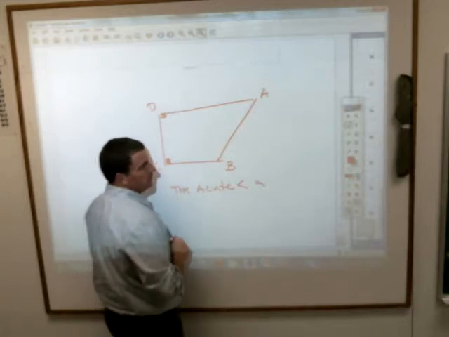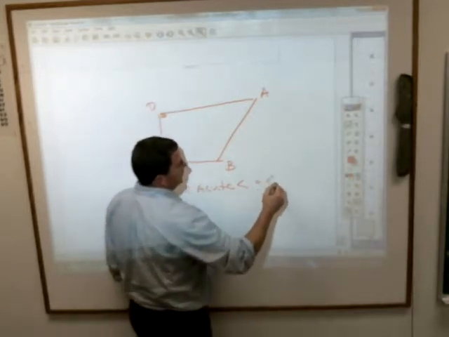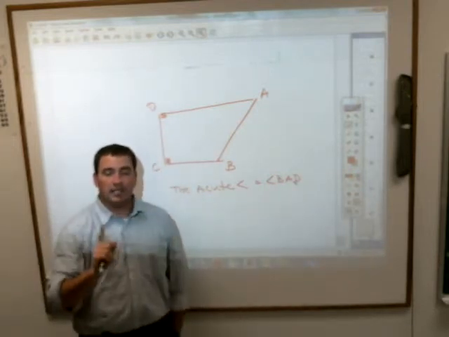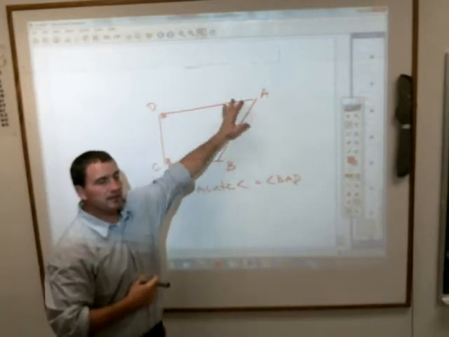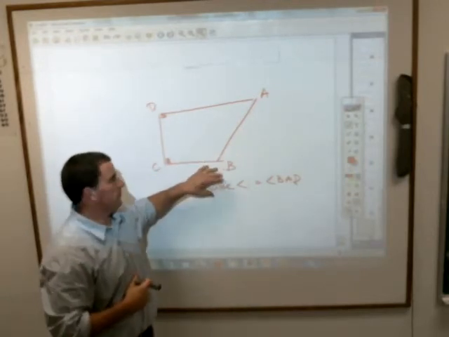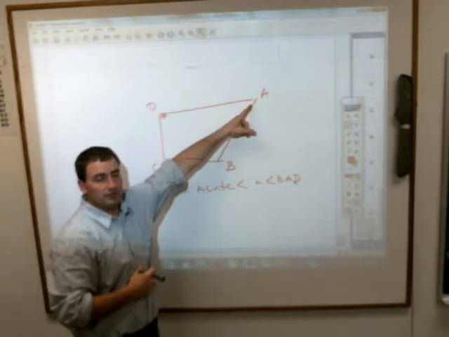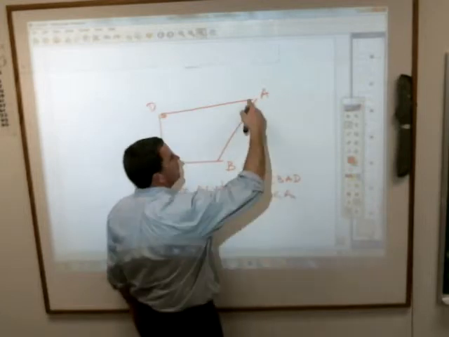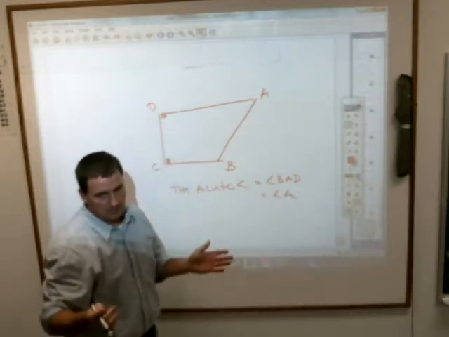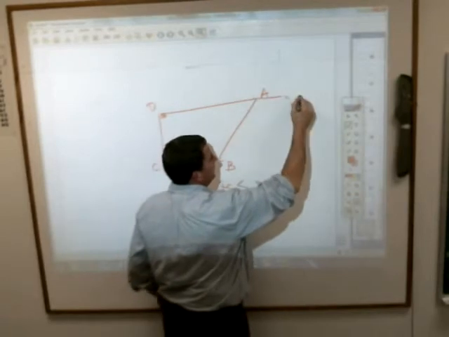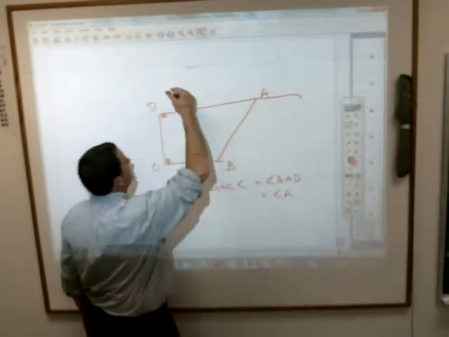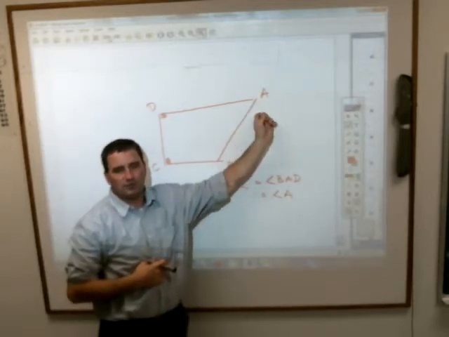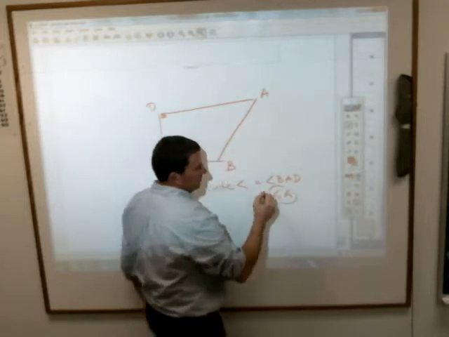It is BAD. It's angle BAD. But if it's a shape like this, and there are no other angles coming off of that vertex, you can just say that this is angle A, because there's no way I can mistake that for something else. If there would have been a line that kept going through here and I'd have had something over there, then you would have had to use the three letters. But if there's only one letter there and you can't mistake that angle for another letter, you are allowed just to label it as angle A.